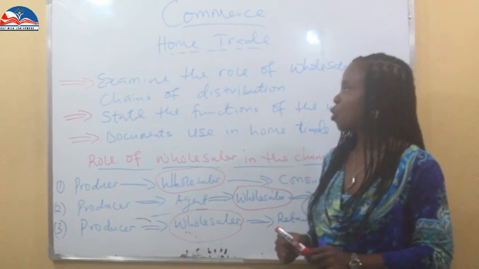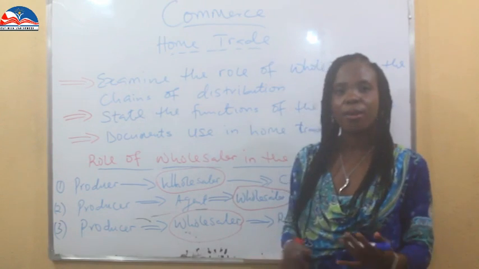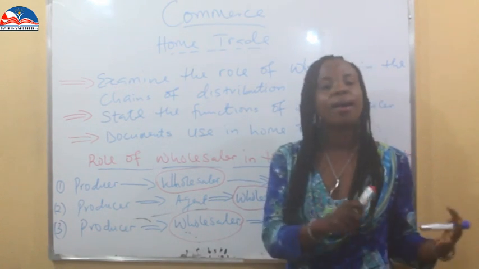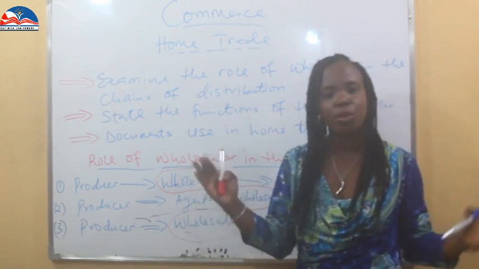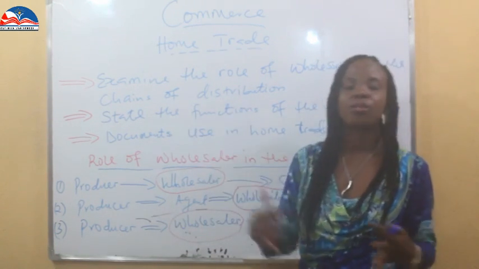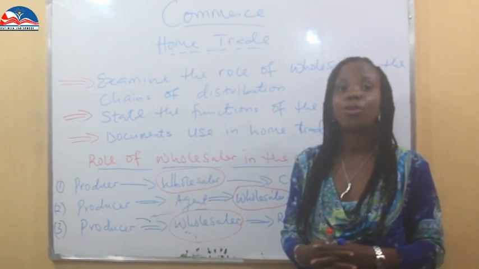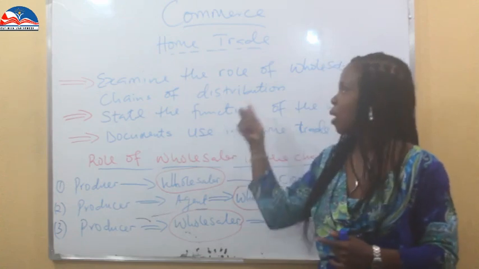What are the functions of the wholesaler? It has functions that it renders both to the manufacturer and the retailer. We're going to take them together. As I'm explaining, I will differentiate what it does for the producer, and what it does for retailers and consumers. Let's go to our next objective.